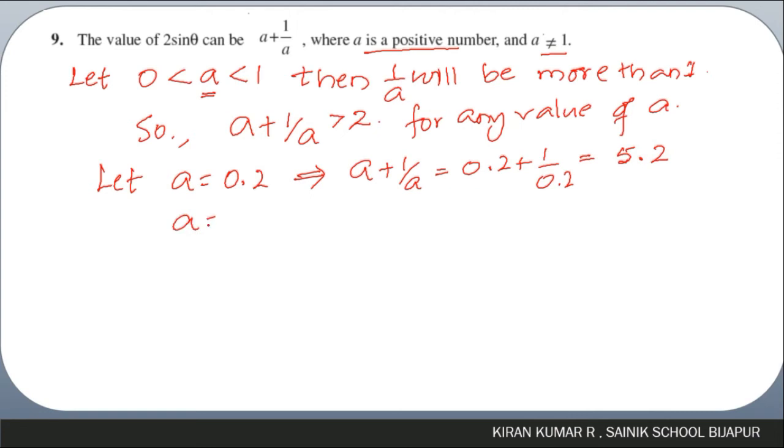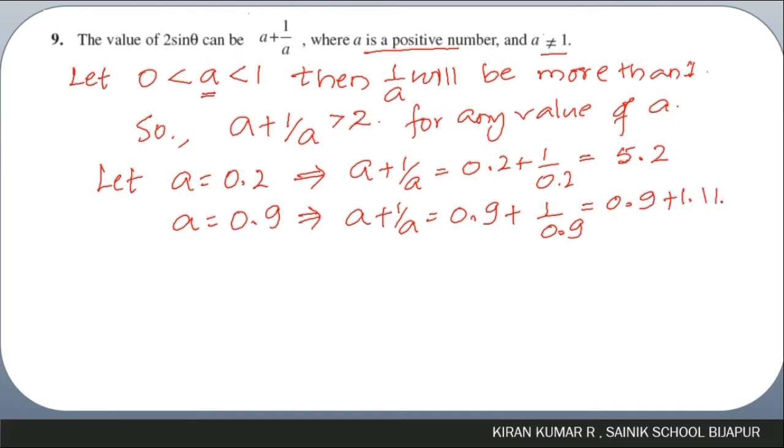And if I consider a value to be, say, 0.9, this implies that a plus 1 by a is 0.9 plus 1 by 0.9, which will be 0.9 added to 10 by 9, which is 1.11 approximately.